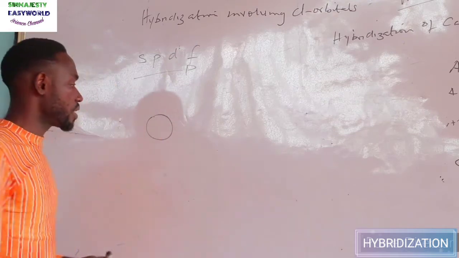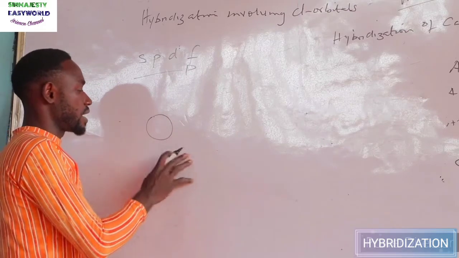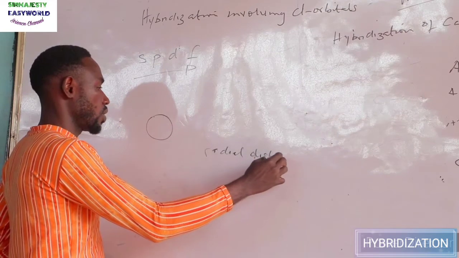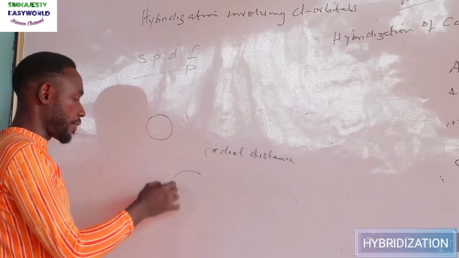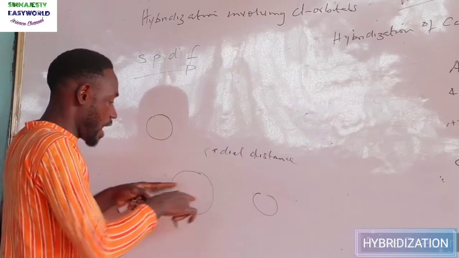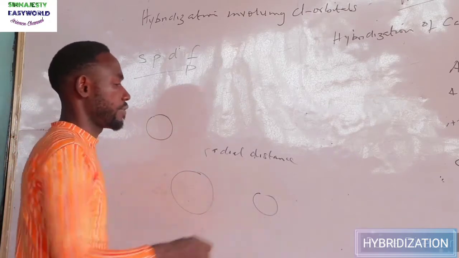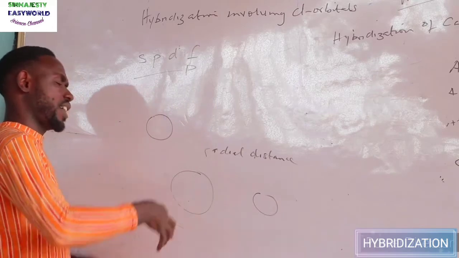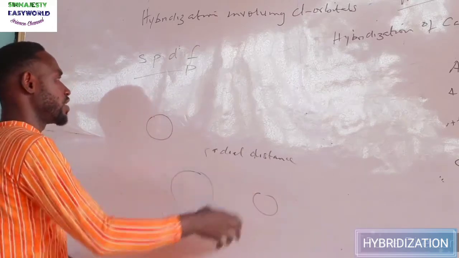Take note, the energy of an orbital is directly proportional to the radial distance of the orbital. Which means if an orbital, for example, is assumed to have this shape, and another orbital has this shape, this one that is larger has higher energy, this one that is smaller has lower energy. Therefore, the shape of d is very far, is large, therefore the energy is also large.